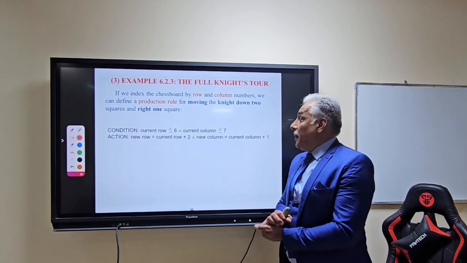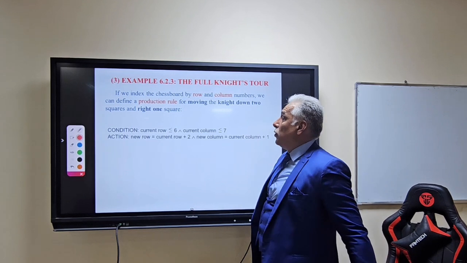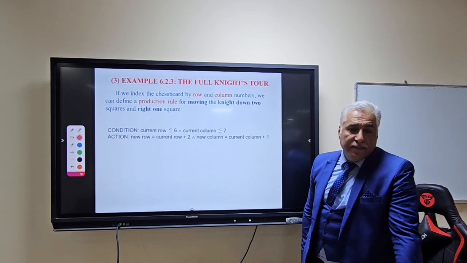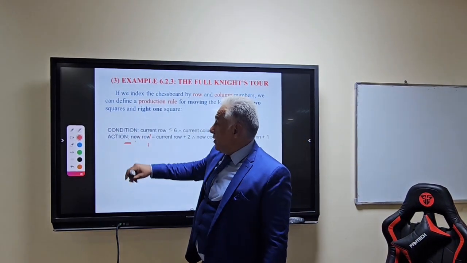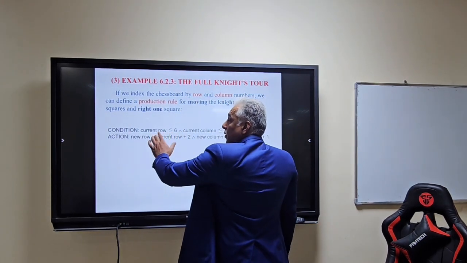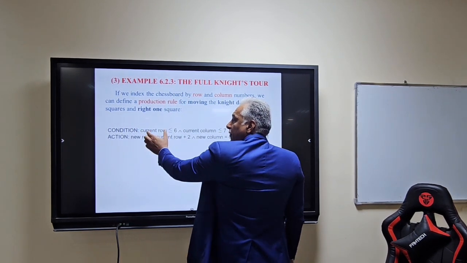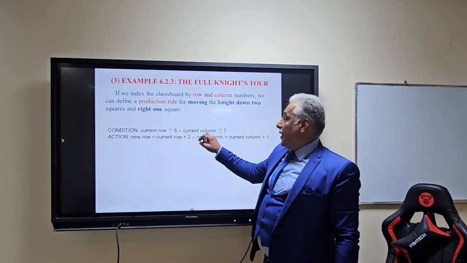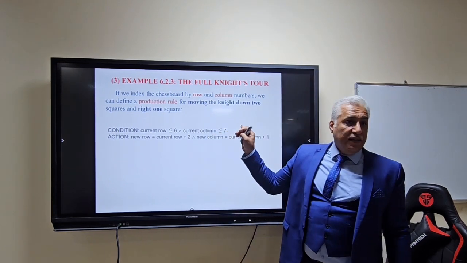If we index the chessboard by row and column numbers, we can define production rules for moving the knight down 2 squares and right 1 square, like this. This is the condition and this is the action. The condition consists of the current row and column: if current row is less than or equal to 6 and current column is less than or equal to 7.